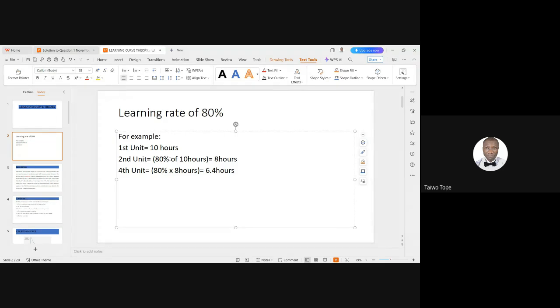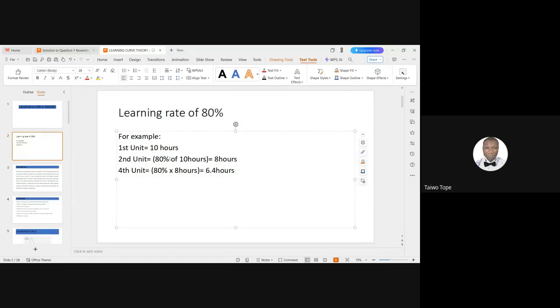So we must know that in the learning curve, as activity is being doubled, the cumulative hours is expected to reduce. The learning curve effect is strongest at the beginning when you are just starting a task, when you are just learning.